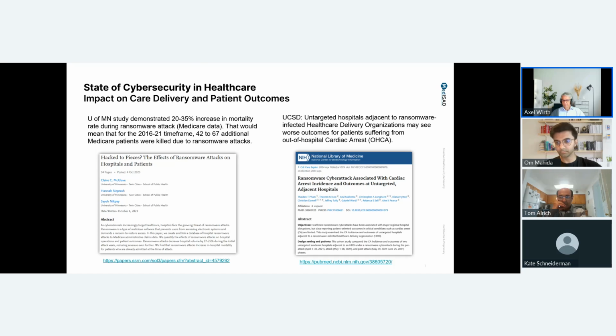And then the study on the right from UCSD showed that not only the targeted affected hospitals see an increase in mortality rate, but also adjacent hospitals, because they have to pick up the slack, so to speak, and see the emergency room volumes increase, and therefore patients see increased wait times, increased time to diagnosis and treatment. More patients leave without being seen because they get frustrated, and so forth.